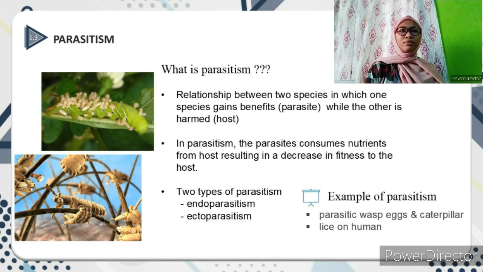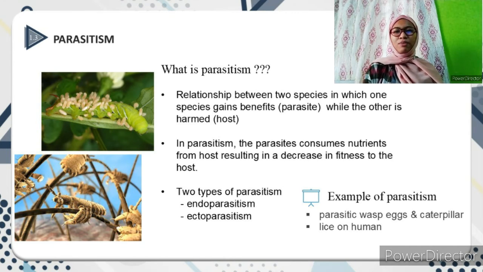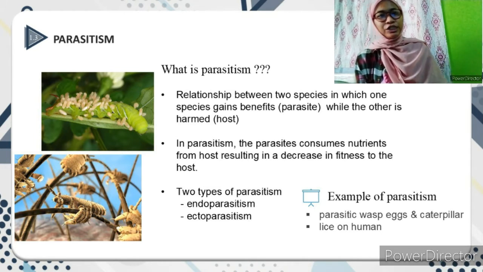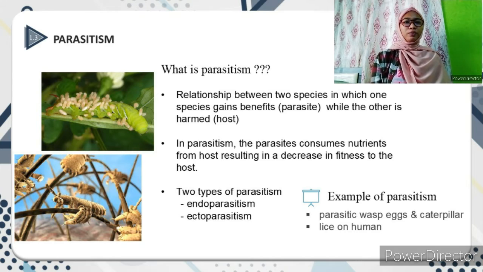In parasitism, the parasite consumes nutrients from the host, resulting in a decrease in fitness to the host. In extreme cases, the parasite can cause disease in the host body.